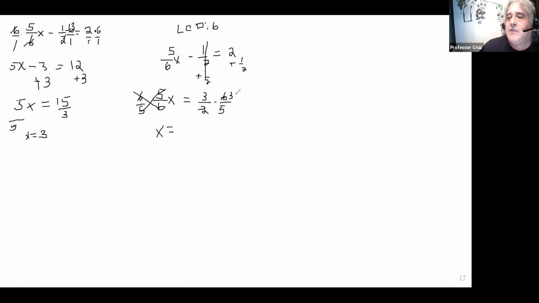Oh, it's plus 1/2. So x is equal to 3. That's it. So you can handle this one without having to get rid of all your fractions, but you still have to work with fractions. So my contention is if you've got fractions in your equation, multiply by the LCD, and you're no longer going to have any fractions.